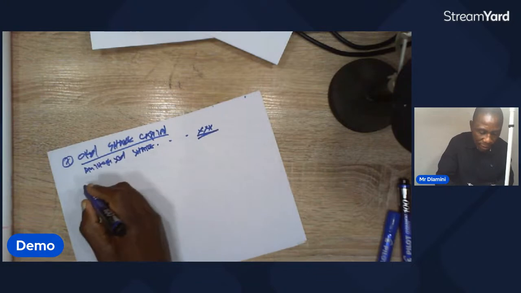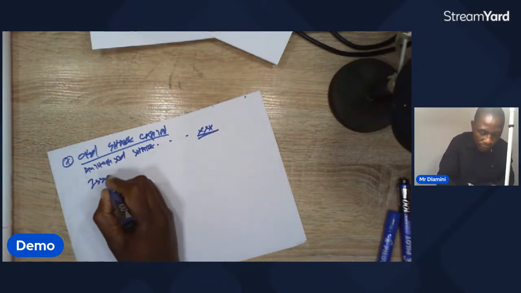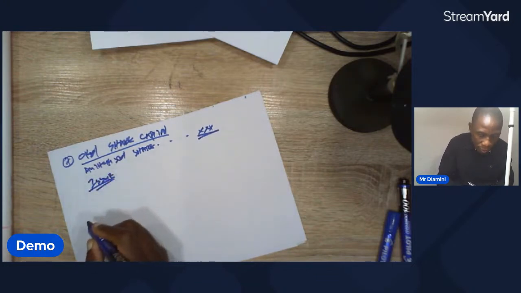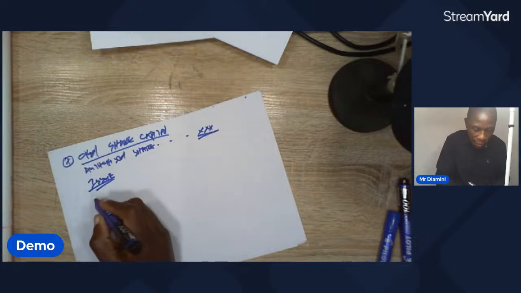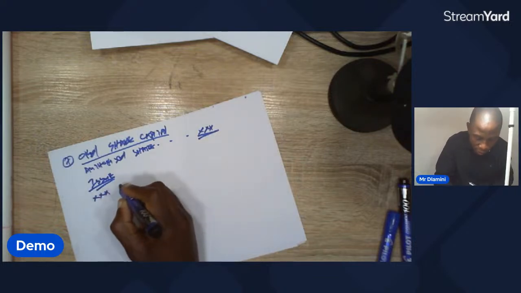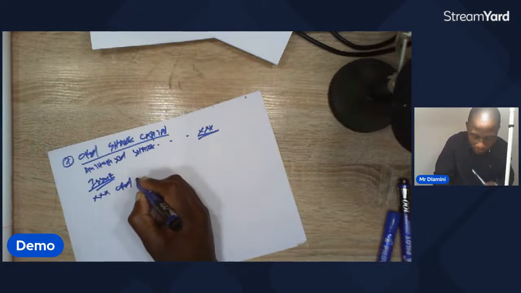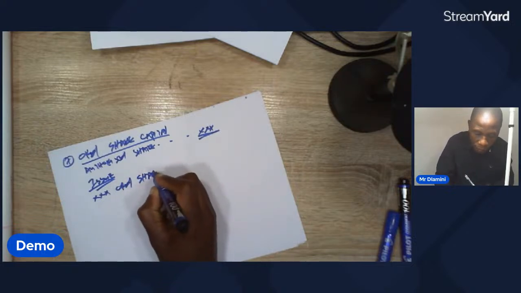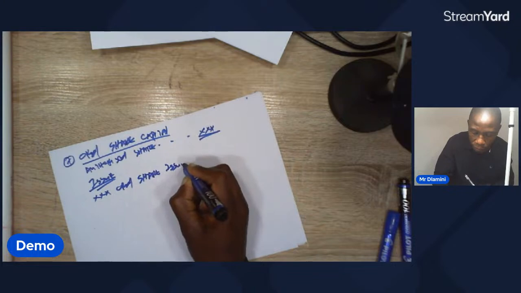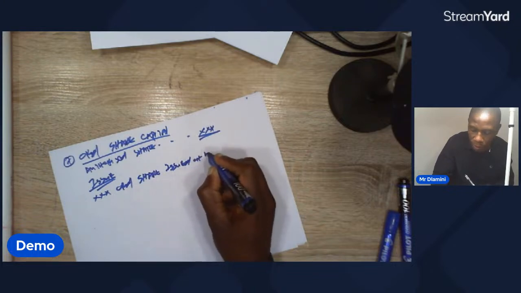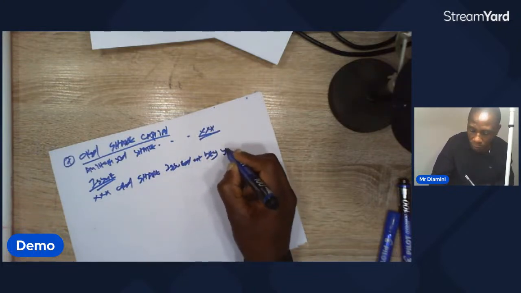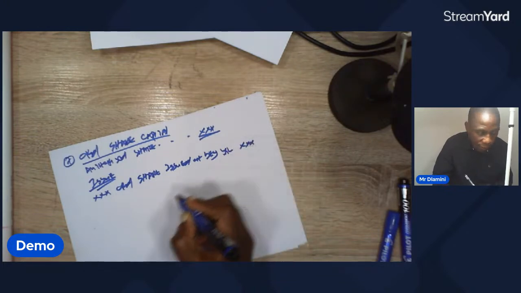These are the shares that are available. Issued, right? This one is the number of shares issued at the beginning. So ordinary share issued at the beginning of the year. So get the figure there.